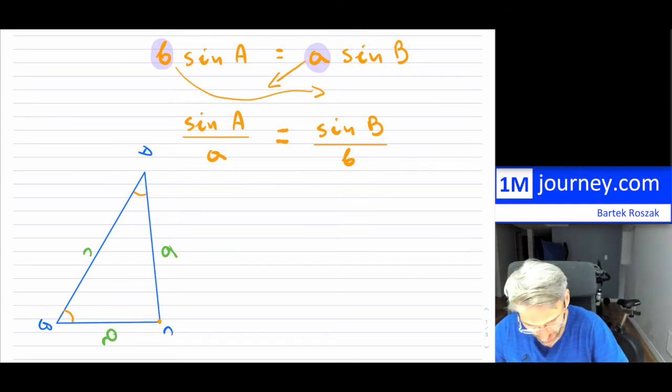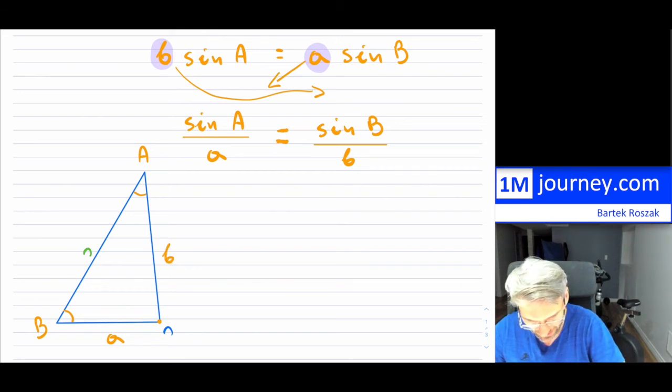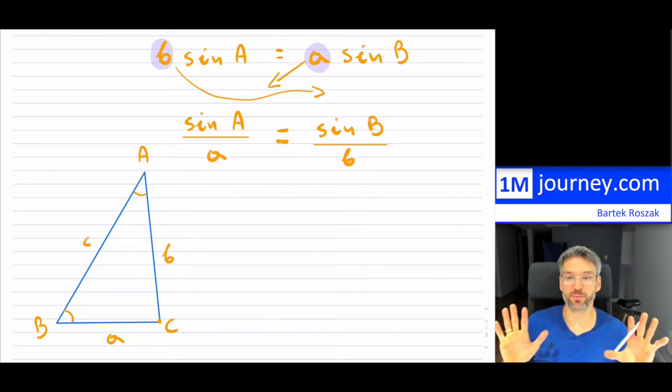To clean this up, this is going to be my A. This is my B right there, and finally, this is my C. So I have that. It's still the same triangle.